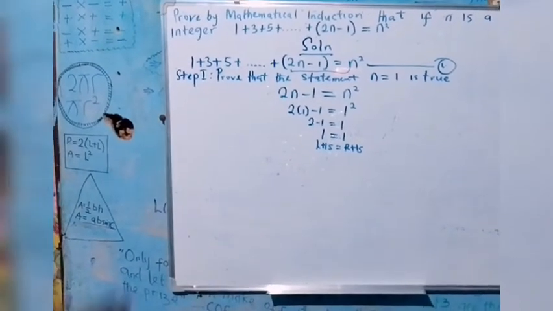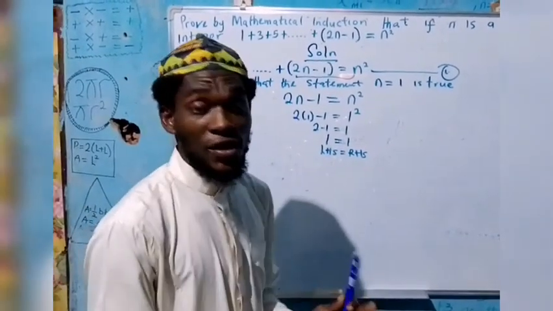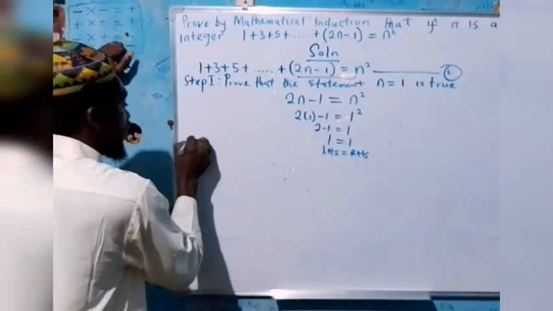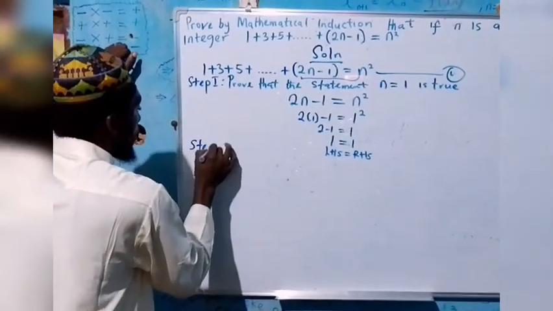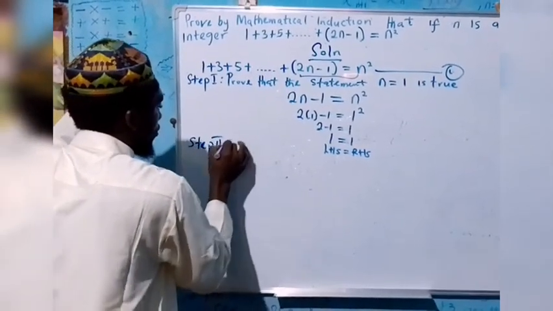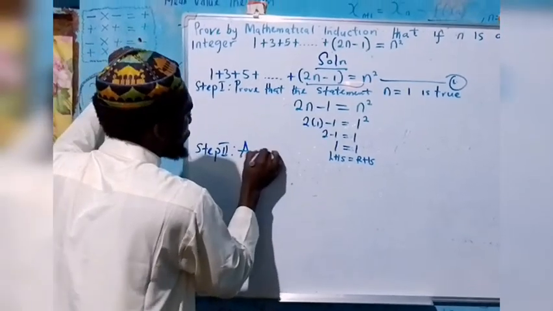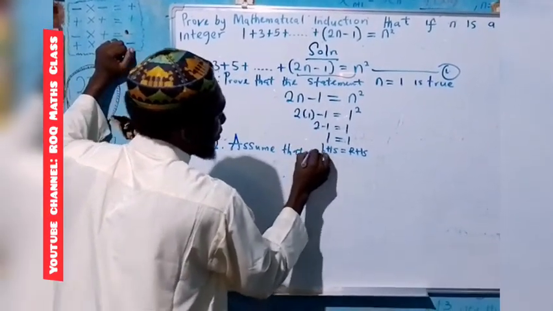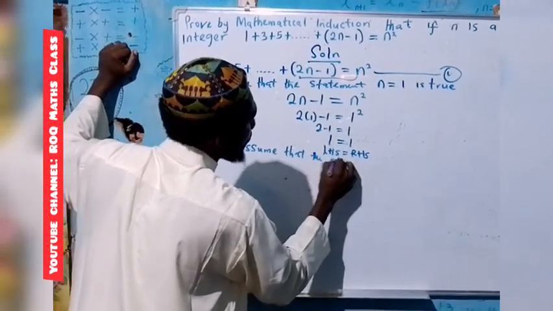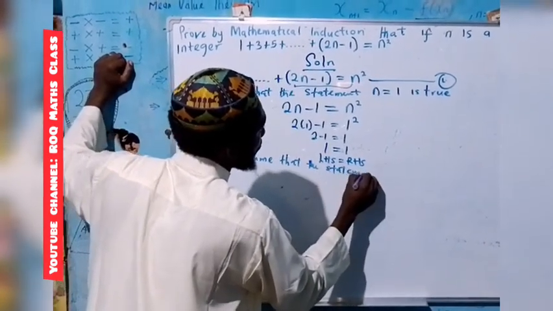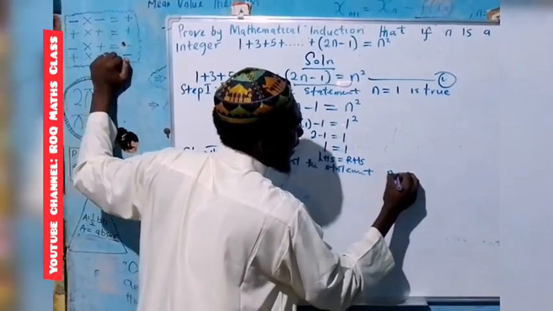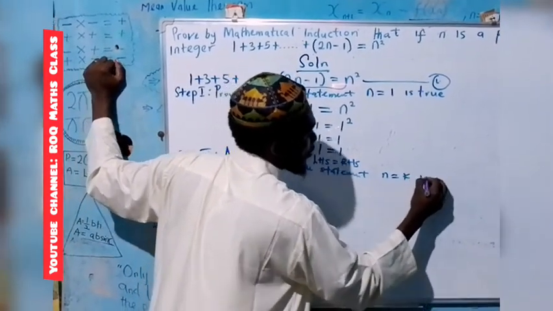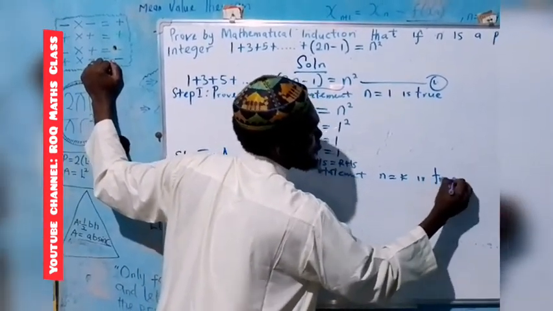Now, let's move to step 2. Are you happy? Step 2 states that we assume that the statement n equal to k is true.